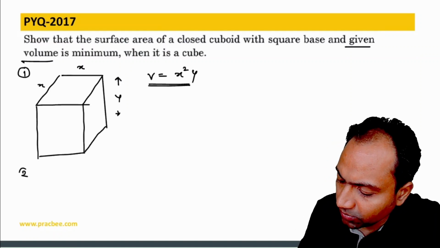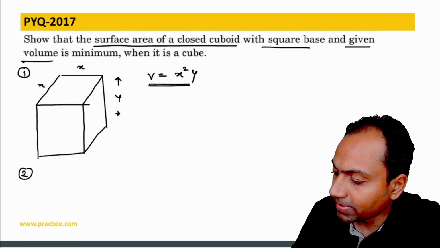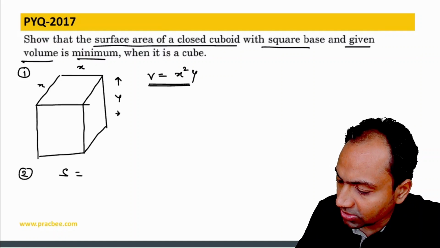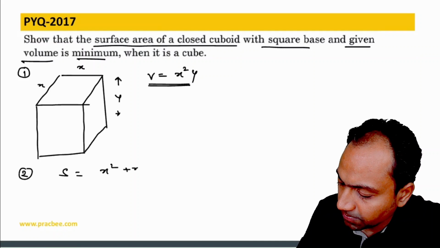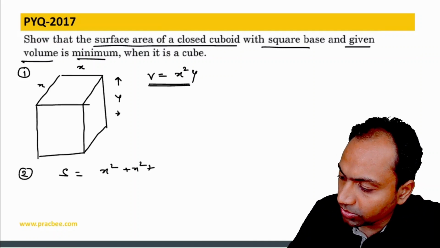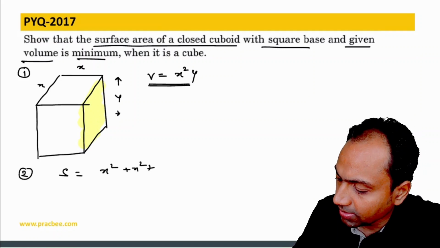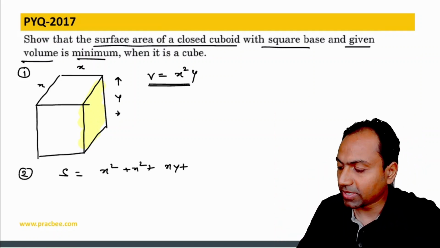In the second part, what they're asking is that the surface area of this closed cuboid with a square base is minimum. So surface area we need to write. First surface would be x square and the base will also be x square. Now if I look into this surface, it would be x into y area. And then the one in front of it would also be x into y.